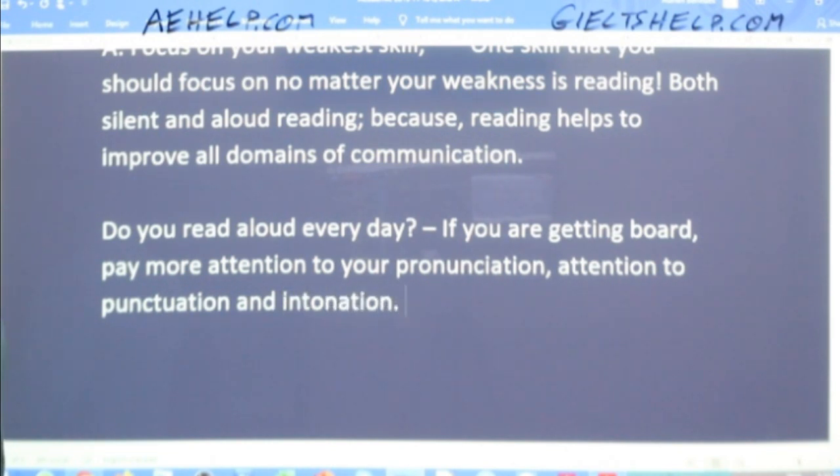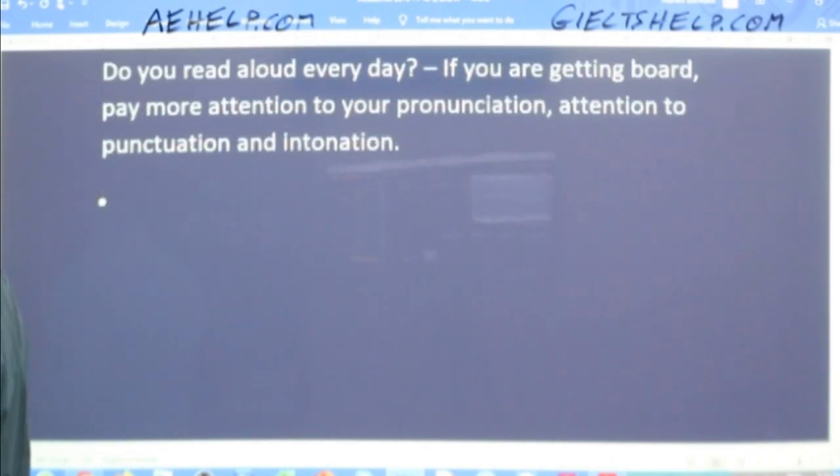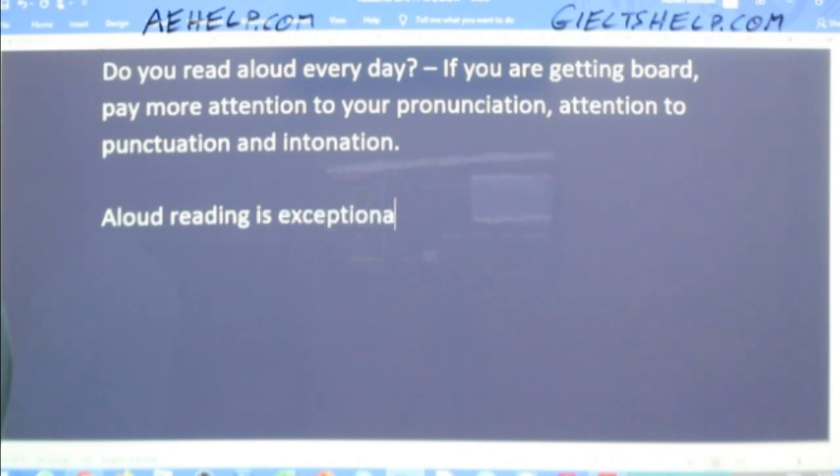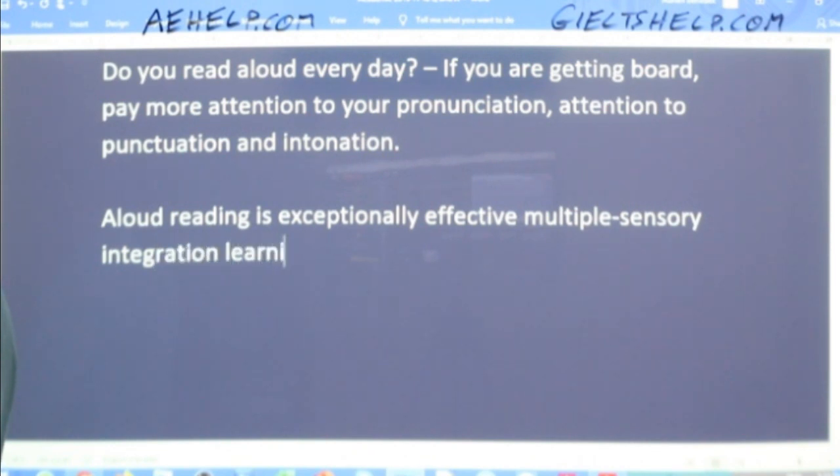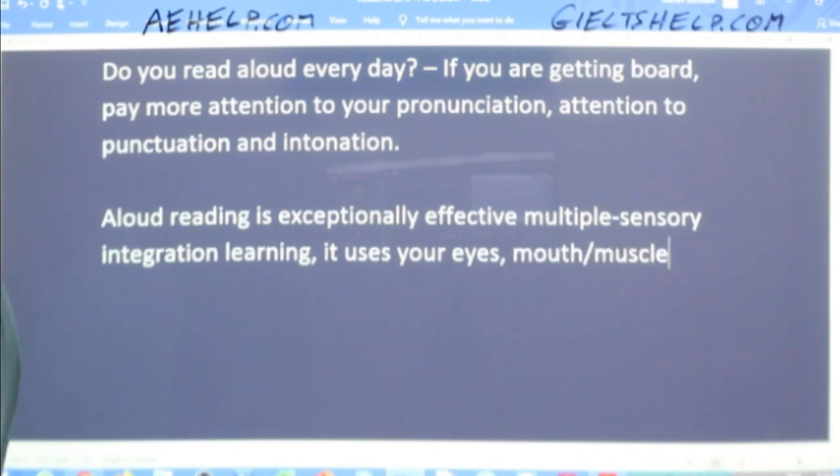Okay. Aloud reading, and this is coming from my psychology major. So aloud reading is exceptionally effective. It's called multiple sensory integration learning. It uses your eyes, mouth, which is your muscles of the face, and ears.